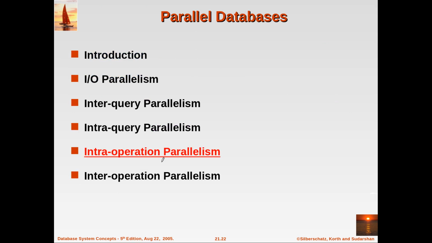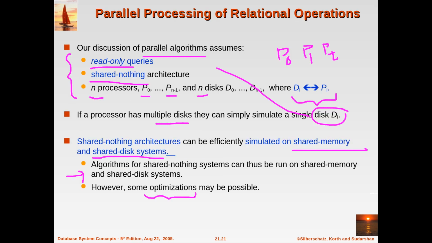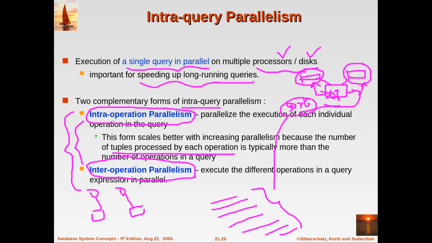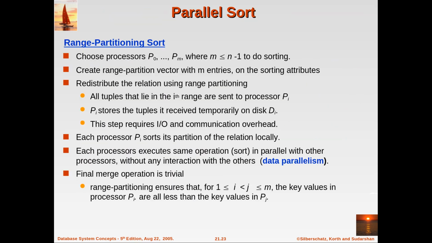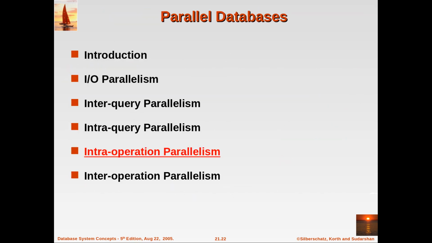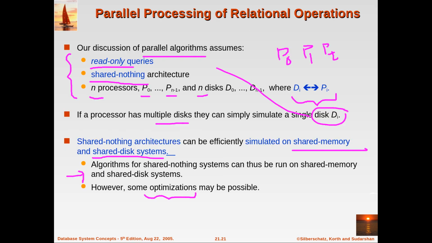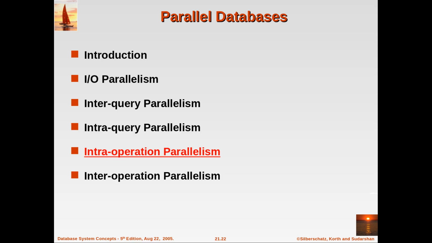So now we will see intra-operation parallelism. Intra-operation parallelism is the first portion of intra-query parallelism. For intra-operation parallelism, we need to discuss both sorting and join. So we are considering two operations: one is sorting and the second is the join operation.